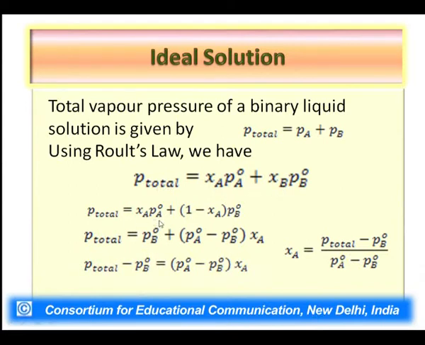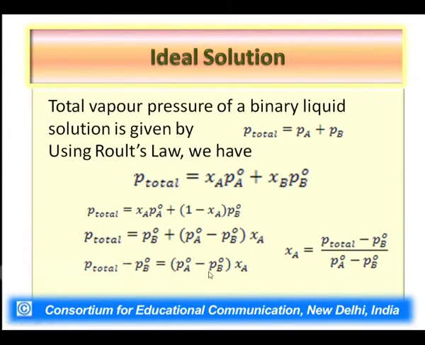Instead of XB we can write 1 minus XA, so P total equals XA PA naught plus (1 minus XA) into PB naught. We can take XA common from the first and last terms. What we get is PB naught plus (PA naught minus PB naught) into XA. Now we can rearrange it, taking PB naught to the left side: P total minus PB naught equals (PA naught minus PB naught) into XA.